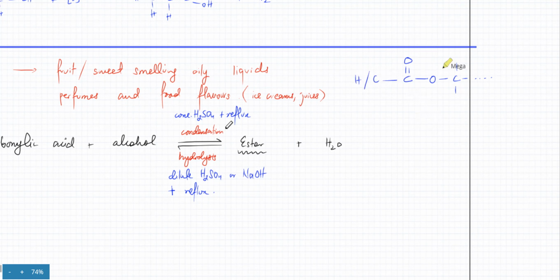So if a molecule has this thing in the middle, specifically this functional group, and on one side there's a carbon chain, on the other side there's a carbon chain or a hydrogen. Sides are important. It's not that this side is different; it is single O, the other side is C double bond O. This is known as your ester link, or you can call it the functional group of an ester.